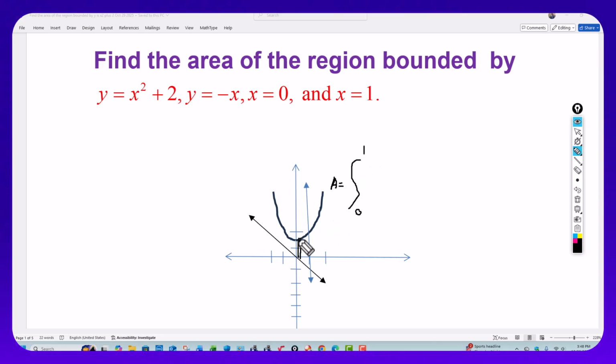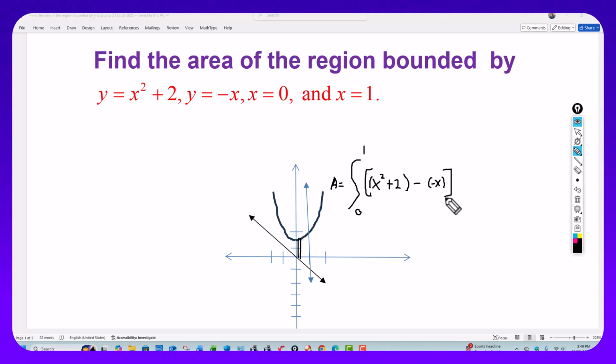And then the length of the rectangle, based on the graphs, would be the top curve minus the bottom curve. So it'd be x squared plus 2 minus the bottom curve, which is minus x here.